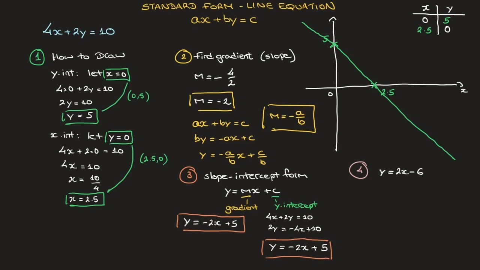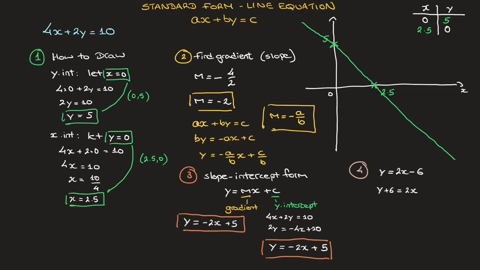So let's go ahead. Looking at the line equation we have here, I'll gather both the x and the y terms on the right-hand side of the equation. Anything without an x or y will go on the left-hand side. So the first thing I'm going to do is get rid of this 6, which is being subtracted from the right-hand side. And to do that, I add 6 to both sides. So that becomes y plus 6 equals 2x.